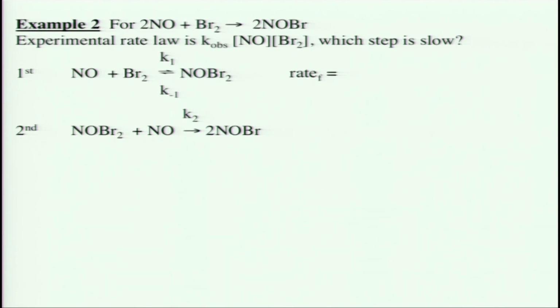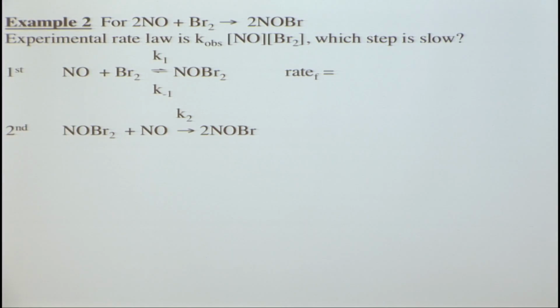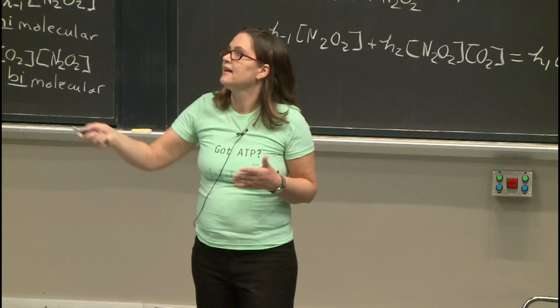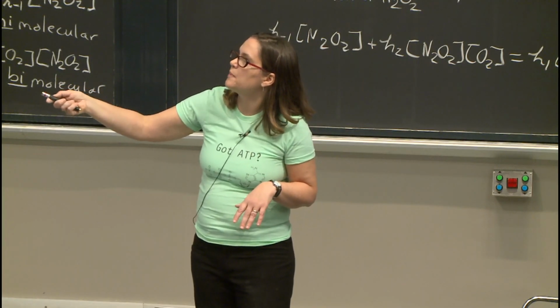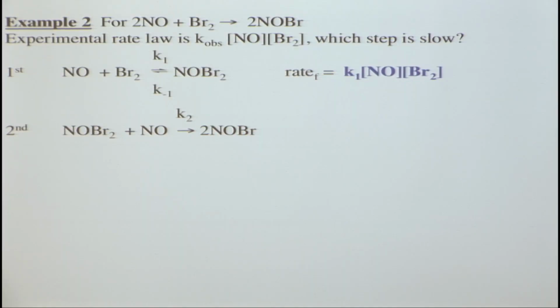So for the forward step, we have 1 molecule of NO reacting with Br2 with rate constant k1. So we get rate constant k1 times the concentration of NO times the concentration of Br2. Again, this is a step or an elementary reaction, so we write the rate law just based on the stoichiometry here.